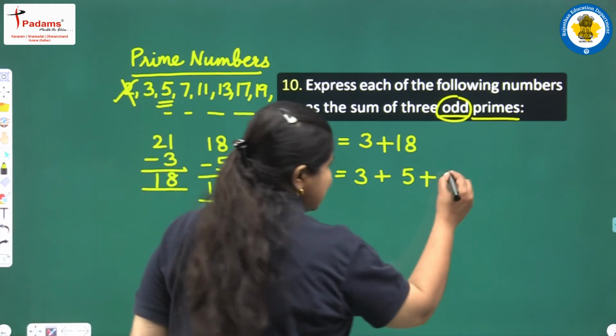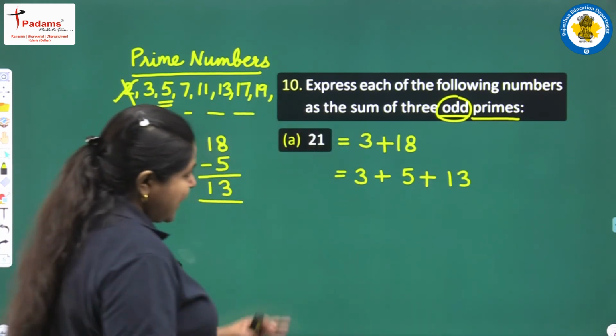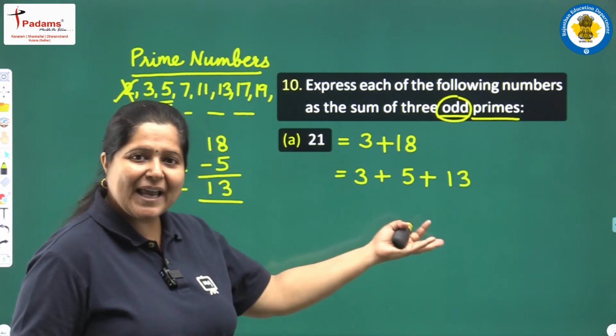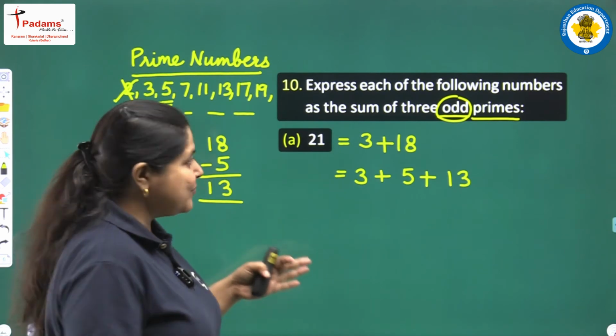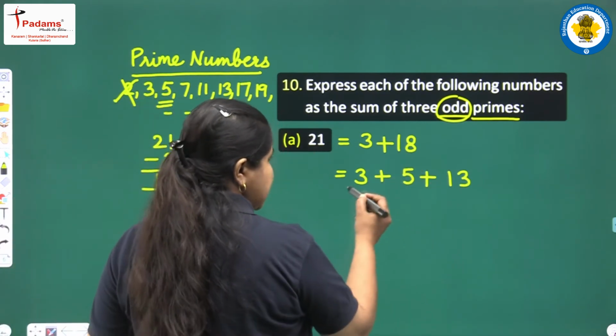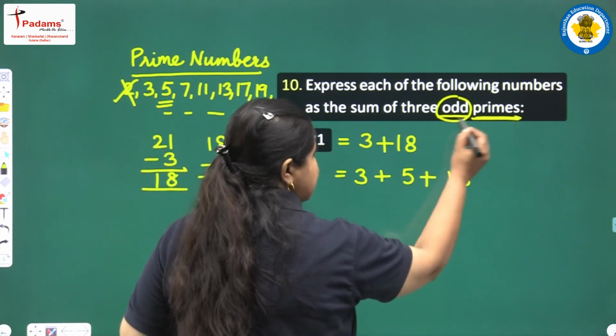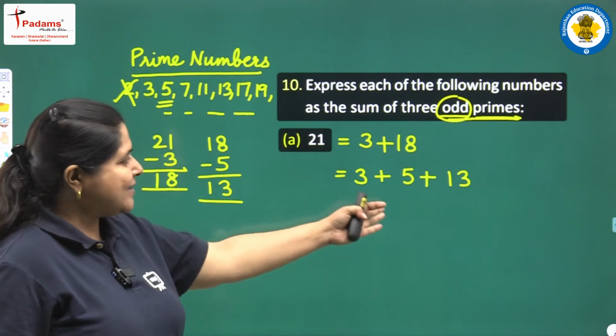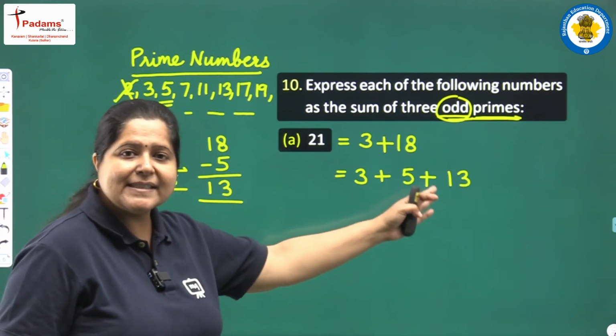So, the third number will be 13. Are these numbers prime? Yes, these numbers are prime. In this way, we have broken this 21 into 3 numbers such that they are odd and they are prime. So, our condition is being satisfied and we have got the answer as 3 plus 5 plus 13.